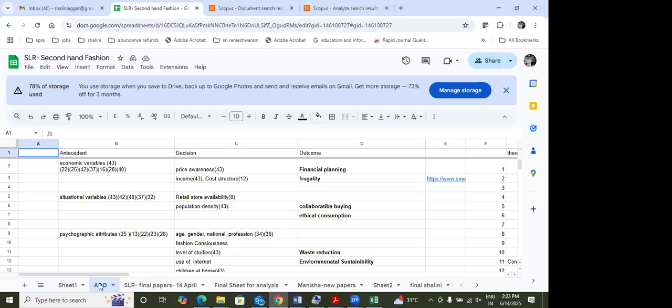We divided the papers: the first 30, the next 30 and the next 30. By reading the abstracts, or, if we could not get any information from the abstract, by downloading the whole paper, we tried to find out the variables.